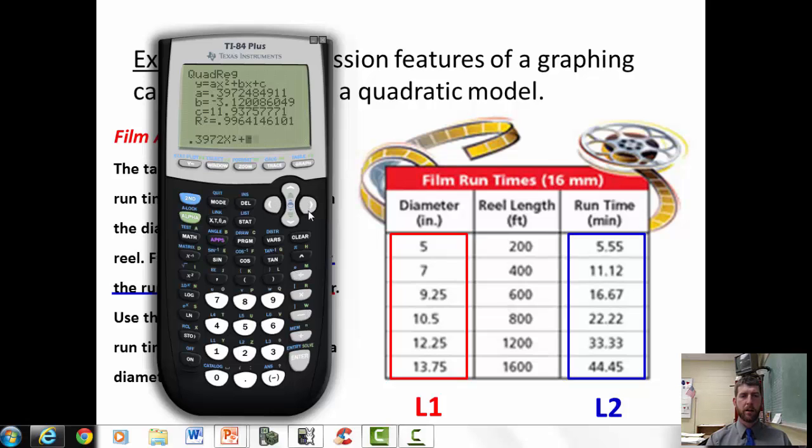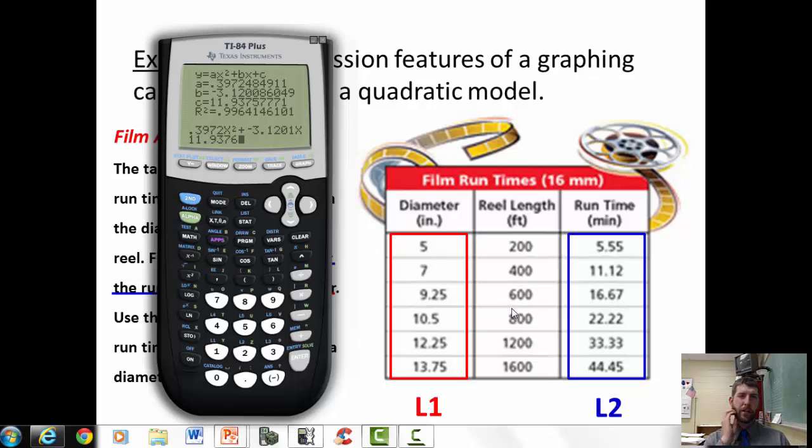Plus b, but b was a negative 3.1201x. And then plus c. C we can see is 11.9375 or 9376. So here's the equation that these points created.